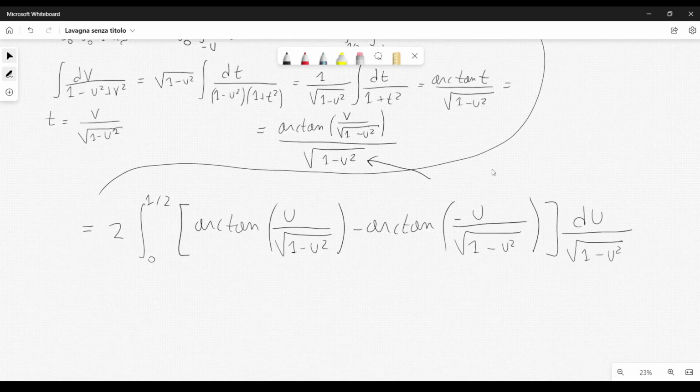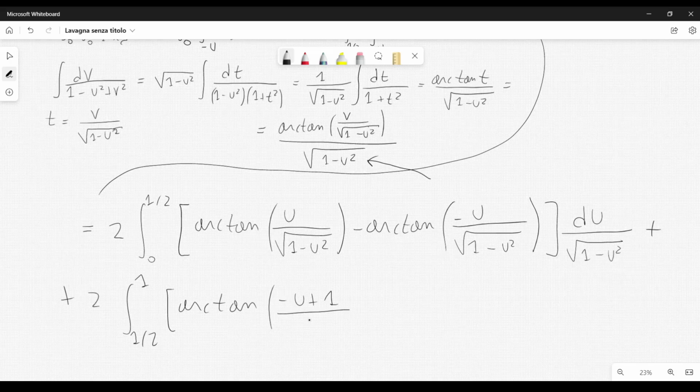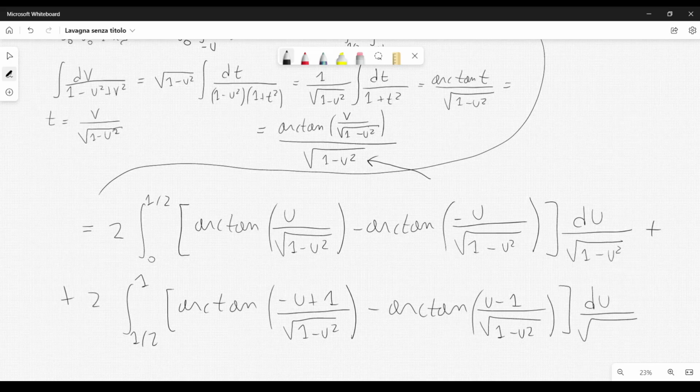And also we have to add another integral, plus 2 times the integral from 1/2 to 1 of arctangent of minus u plus 1 divided by the square root of 1 minus u squared minus arctangent of u minus 1 divided by the square root of 1 minus u squared, du divided by the square root of 1 minus u squared.